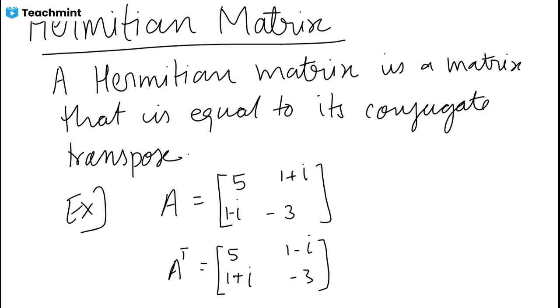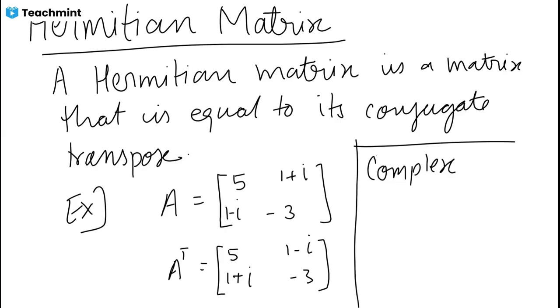Can you tell me how to find the conjugate of a number, ma'am? Okay, see, we find conjugate obviously for a complex number. So we have a complex number z equal to a plus iota b.